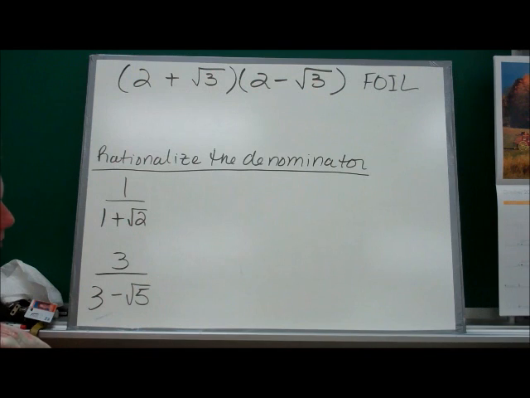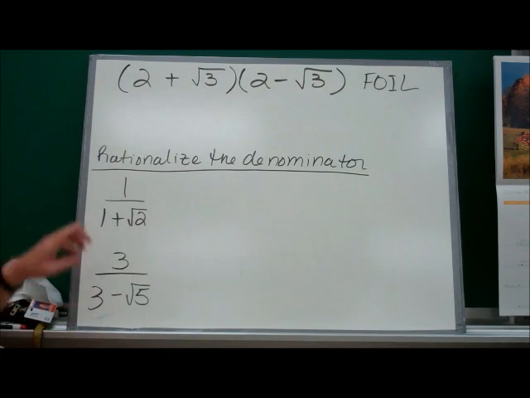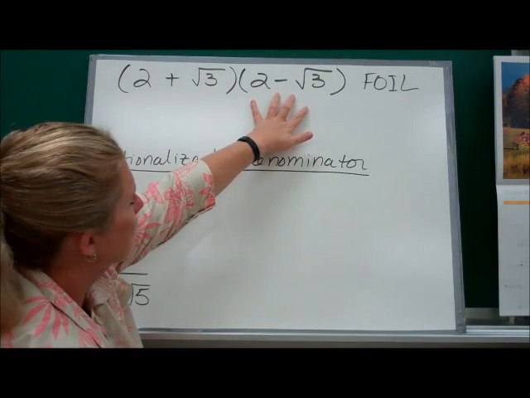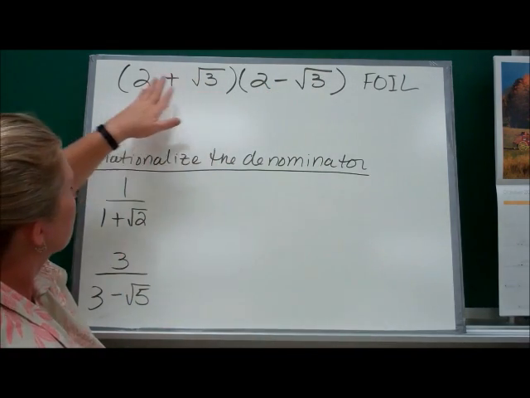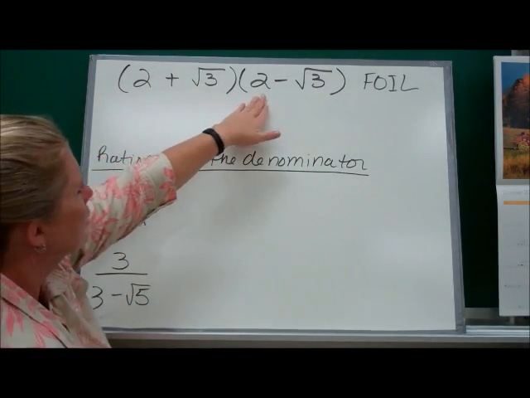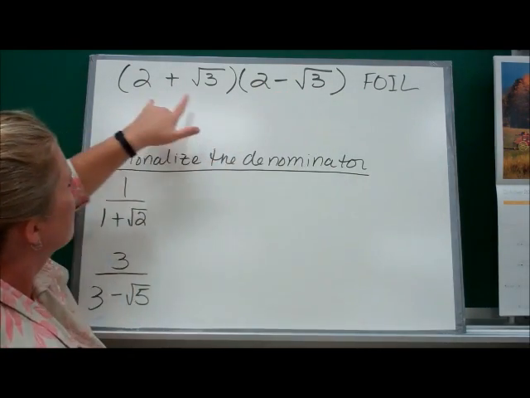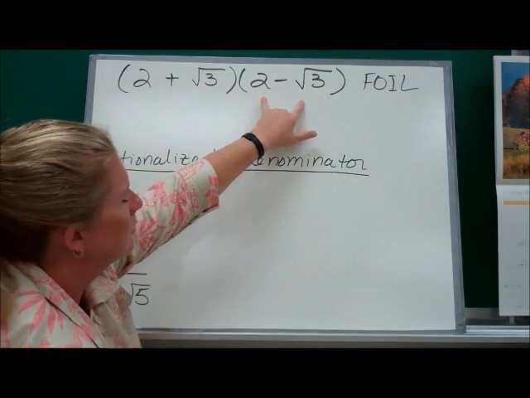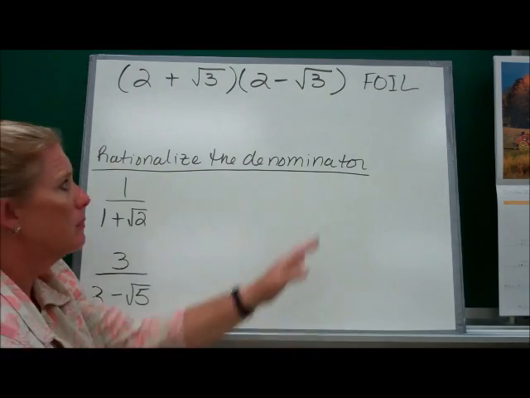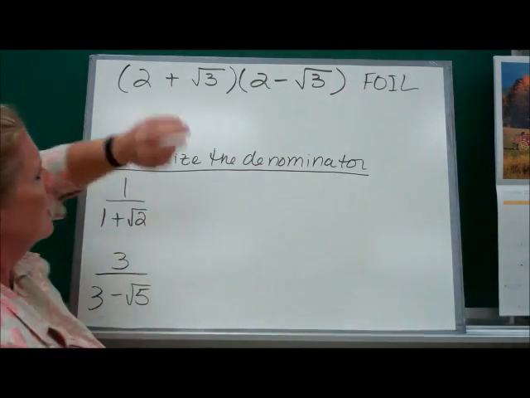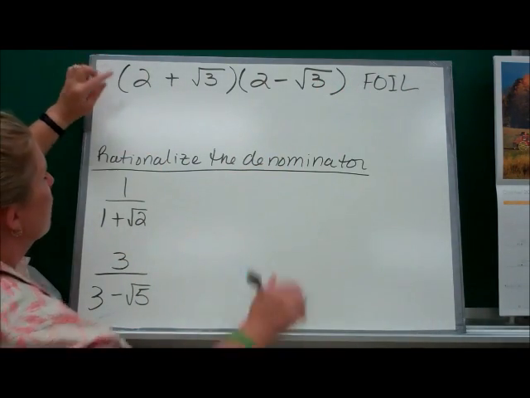The neat thing about conjugate pairs happens when you multiply them. If I've got these two numbers and I need to multiply 2 plus the square root of 3 and 2 minus the square root of 3, these two are conjugate pairs. If we multiply them like we multiply any binomials by using FOIL.